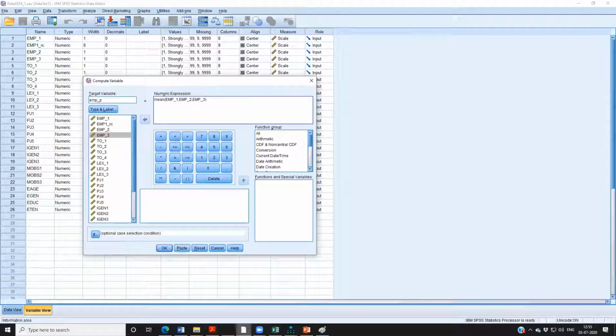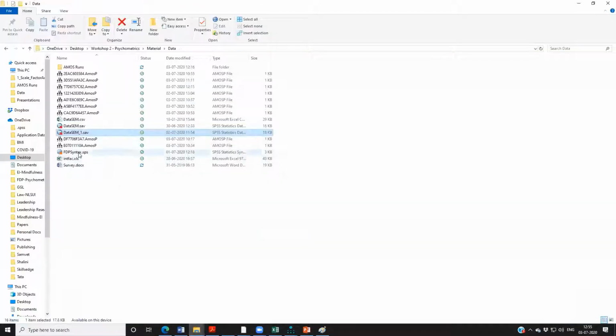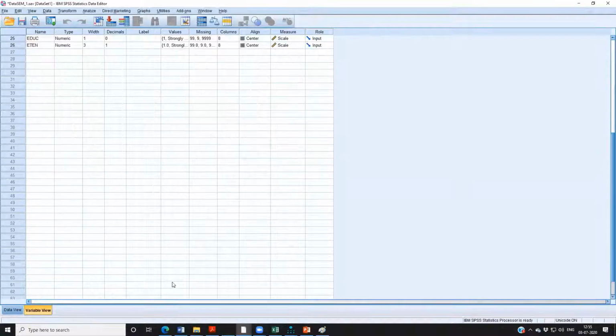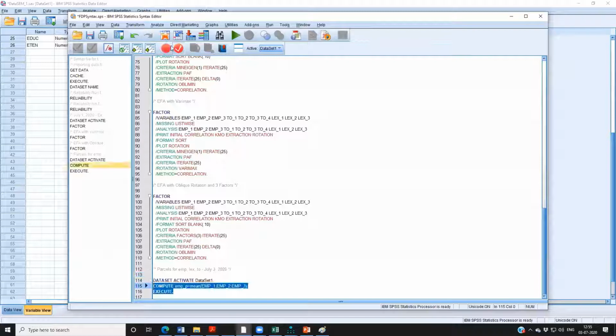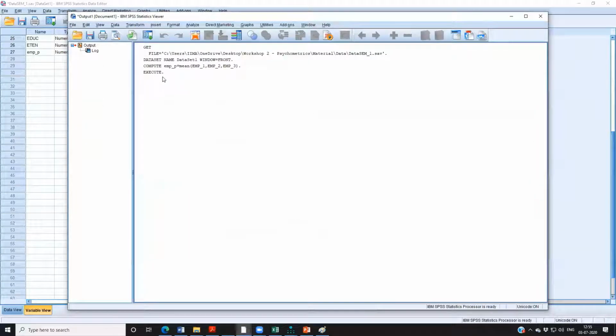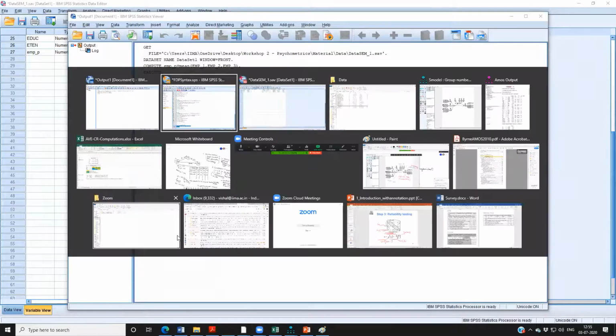Let me also open the syntax file so that we will save this. I am creating parcels for EMP, LEX, PO, and I will run this. So my parcel has been created.